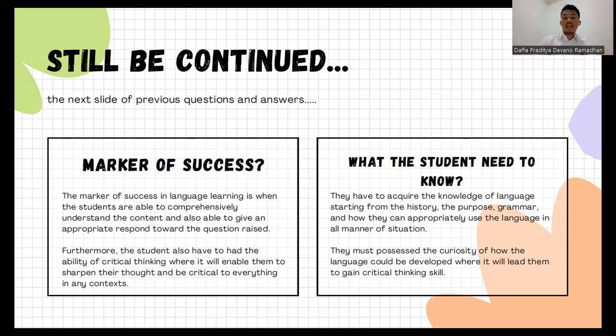So they must possess curiosity about how the language could be developed, which will lead them to gain critical thinking skills. It's also important that when you learn one particular language, you also have to know about the context, the social culture that exists within the language itself.